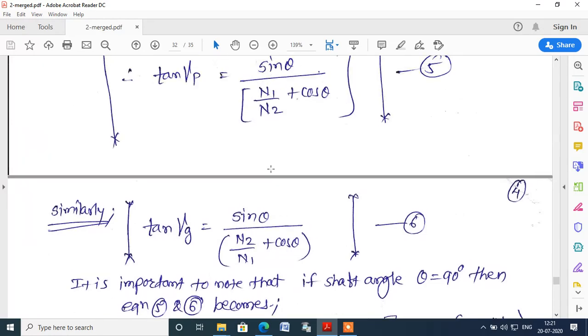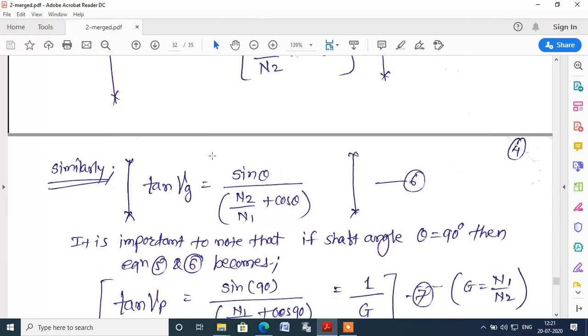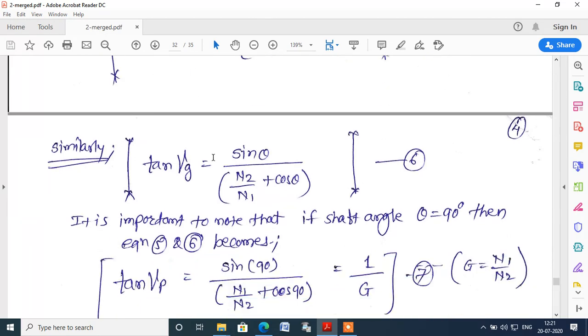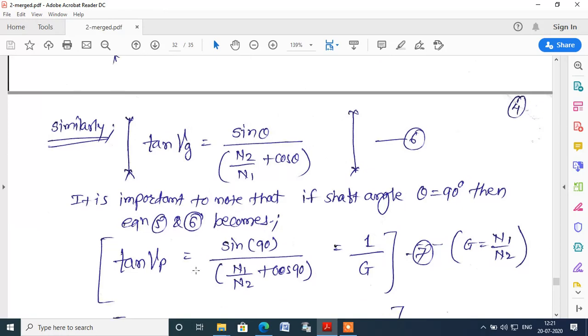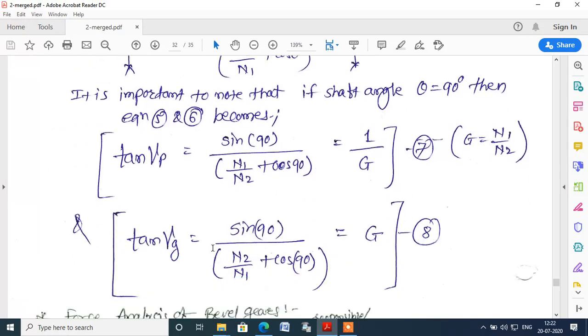Now these equations, equations 5 and 6, will give the answer for gamma P and gamma G. It is important to note that if the shaft angle theta is 90 degrees, then tan gamma P is sin 90, which is 1, and cos 90 is 0, so 1 upon N1 by N2, nothing but 1 upon G. And tan gamma G equals G. So these are very important formulae. From these equations we can calculate gamma P and gamma G, and these are required to solve the numericals.